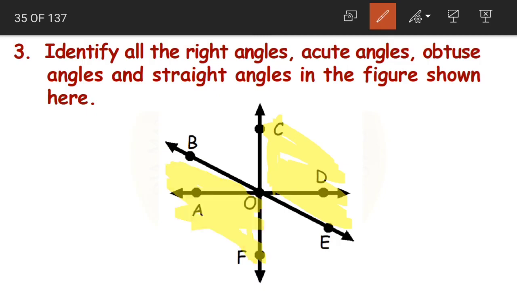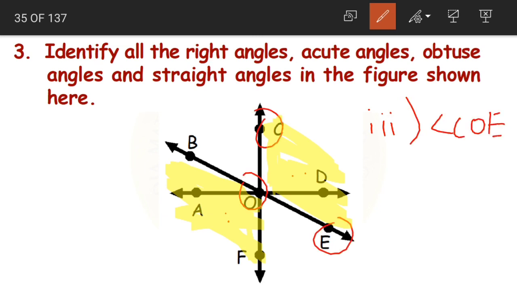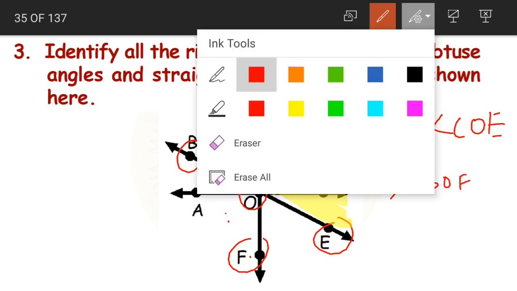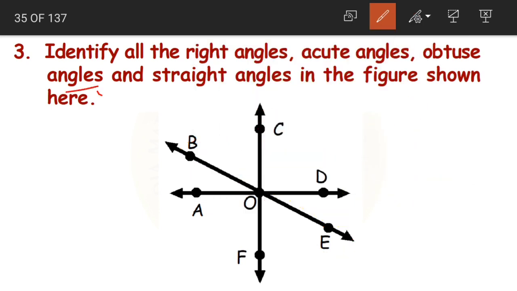So we have already written the names of 2 obtuse angles. Now again these 2 obtuse angles, the third, angle COE, and the fourth one, angle BOF. So these are the 4 obtuse angles.